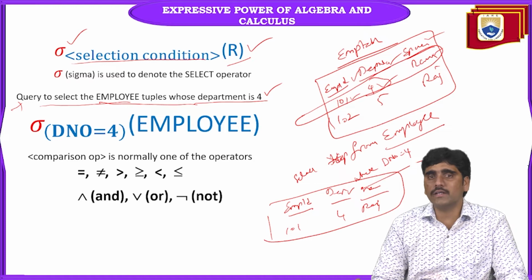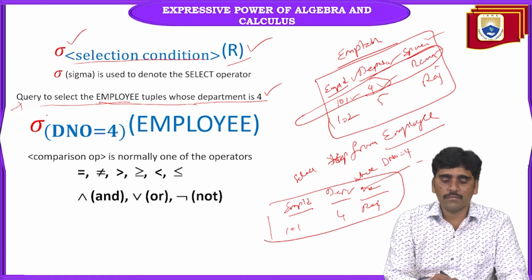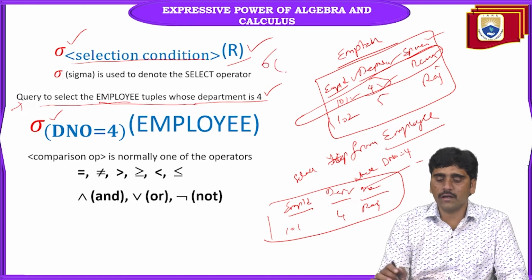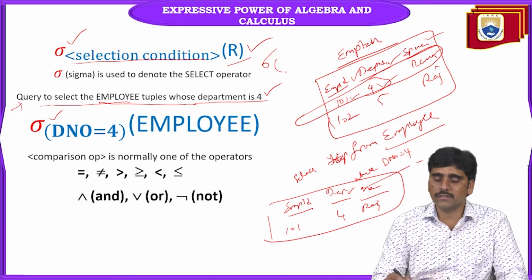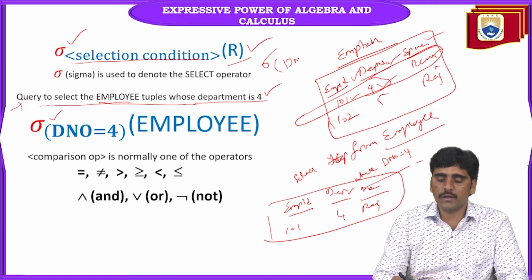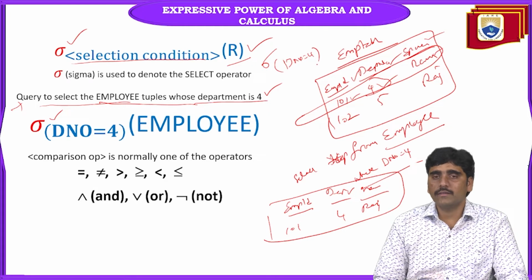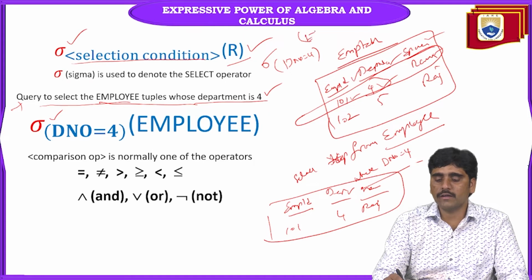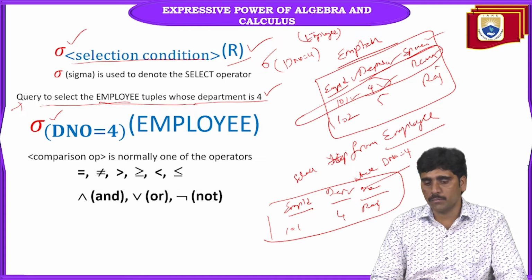I need to indicate the selection with the help of the sigma operator, along with the condition. The selection condition is department number equals 4. Then from which table do I need to get all these values? I need to get them from the employee table.